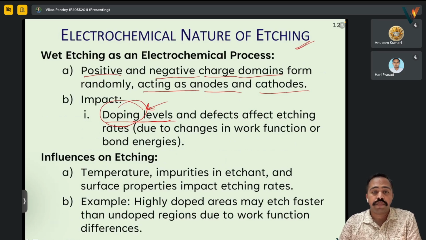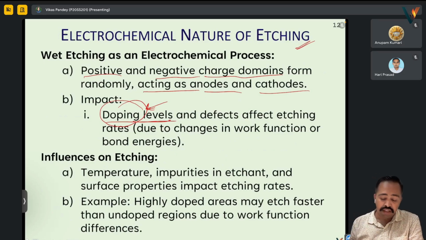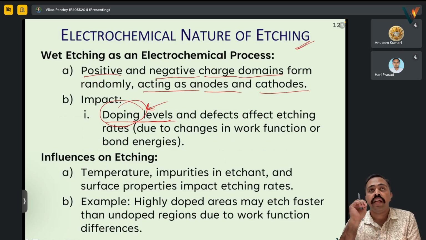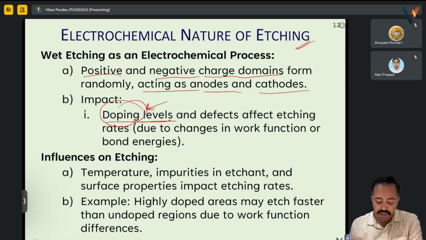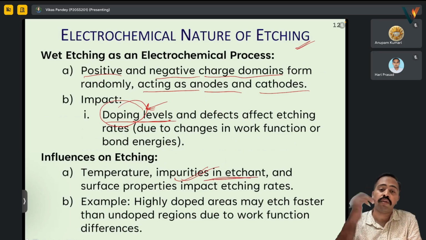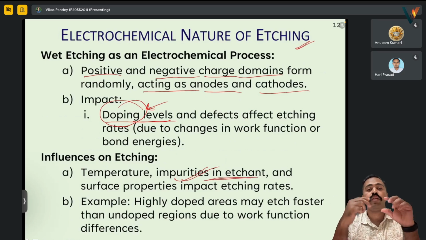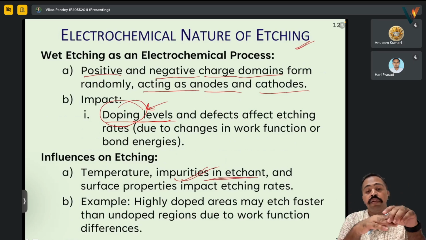And as we have already seen, any kind of impurity, say metal impurity, non-metal impurity, can actually contribute to some charge flow. That's why, one is the dopant level of the material to be removed.